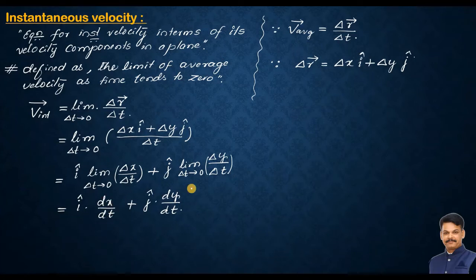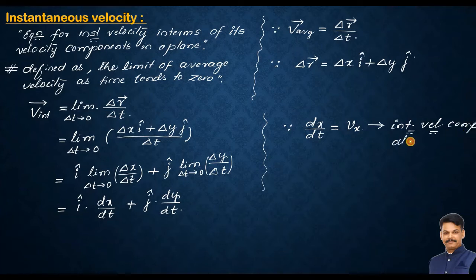So what is dx by dt? It is the derivative of displacement along the x-axis with respect to time. Hence, can I write it as the velocity component along the x-axis, the instantaneous velocity component along the x-axis?